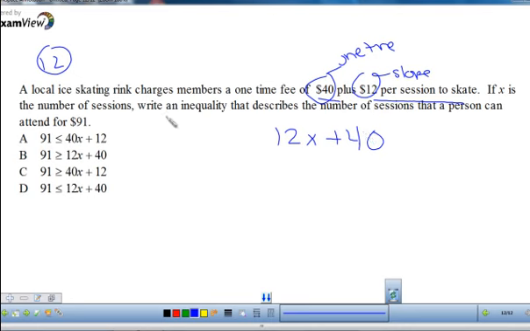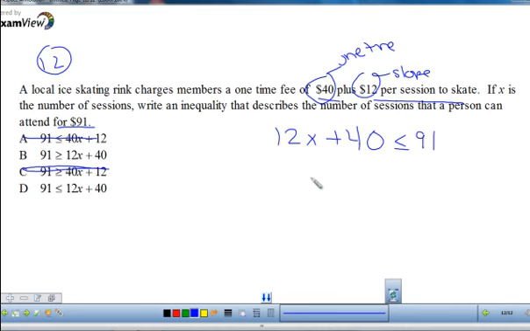Looking at the answers, I know that the answer can't be A or C. If x is the number of sessions, write an inequality that describes the number of sessions the person can attend for $91. So they can have at most $91.